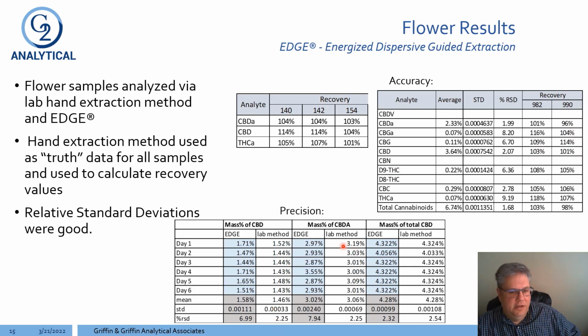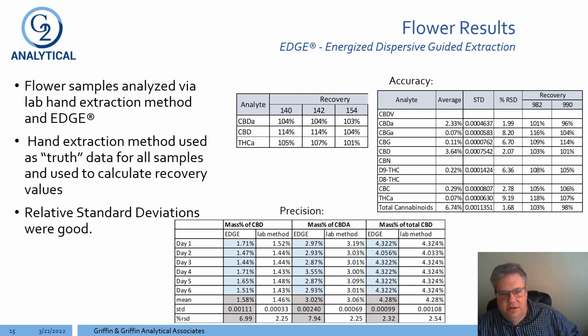And then finally, the intern did a 6-day precision test, trying to figure out which one is more precise, the hand extraction or the Edge, and pretty close results there. So we were pretty excited by that. And so we were pretty convinced that the Edge is able to replicate our hand extraction technique.